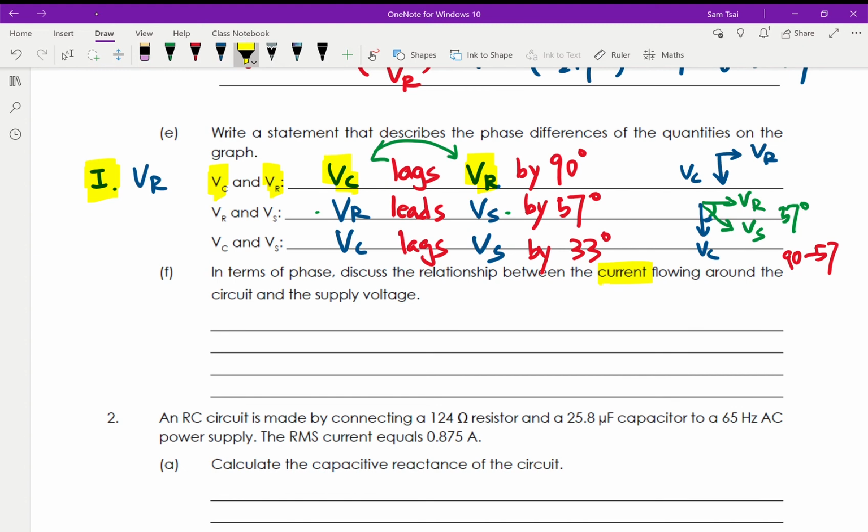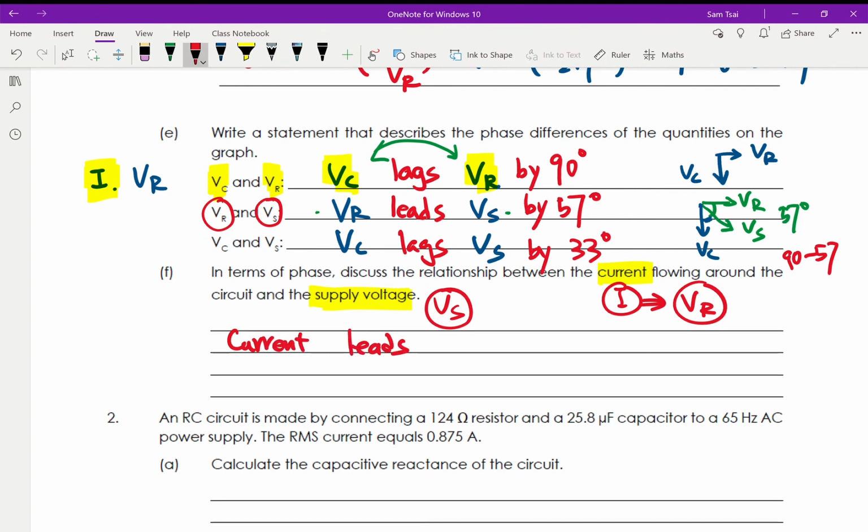So the question is asking you, the current is actually in phase with VR, and this is VS. So they are asking you VR and the VS. So you can write the current leads VS by 57 degrees. Or you can swap the order and say VS lags current by 57 degrees.